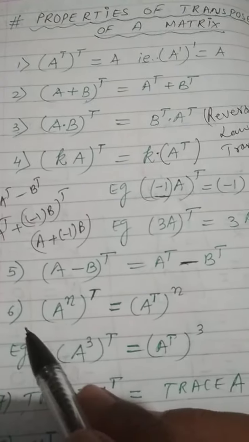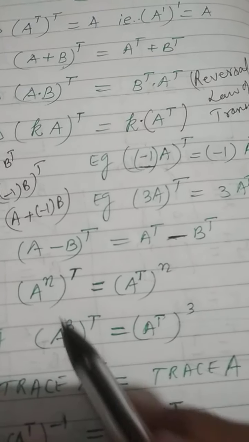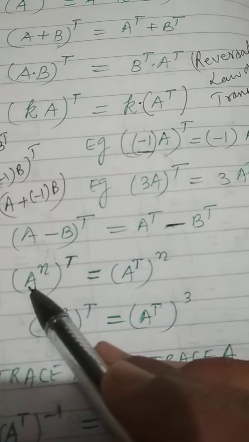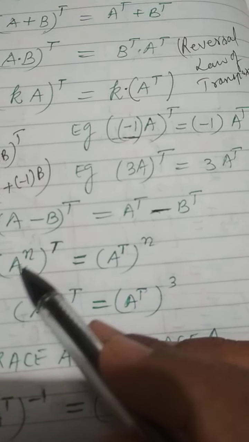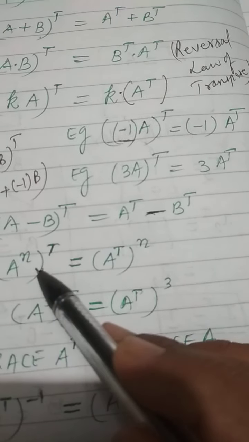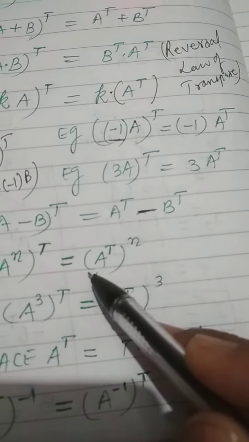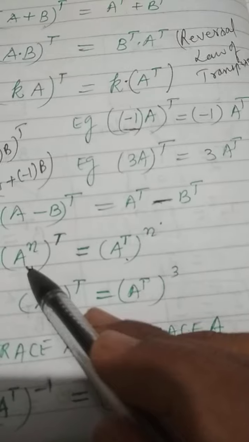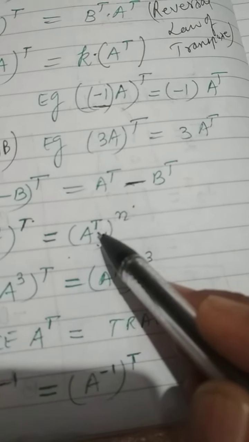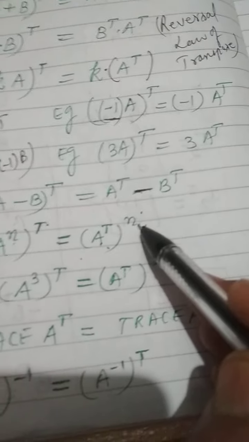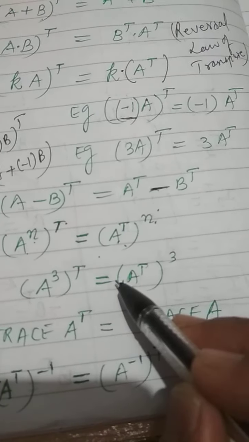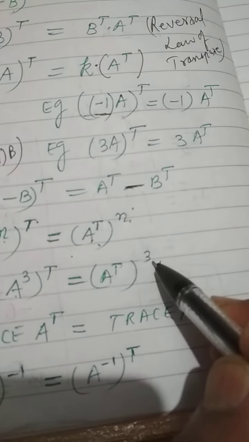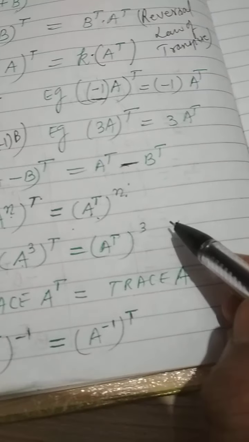Next property: suppose you have an n powered matrix, A raised to n, the product A, A, A and so on, whole transpose will be equal to the product of transposes raised to n. So A raised to n whole transpose is equal to A transpose raised to n. With the help of an example, it can be explained: A cube whole transpose is equal to A transpose to the power 3 whole cube.